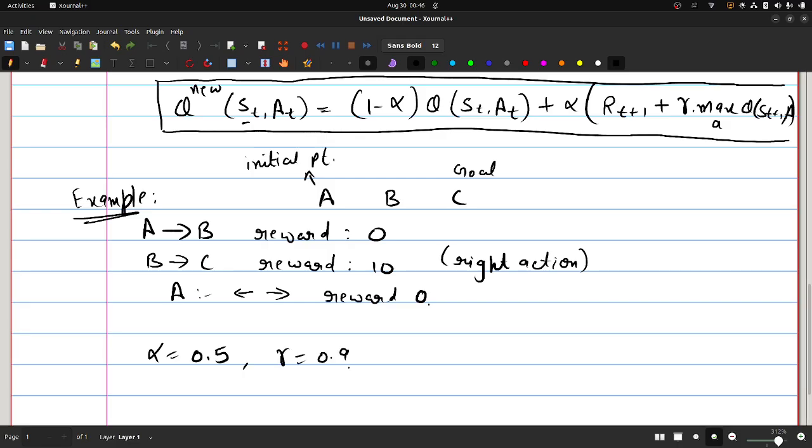Usually gamma is between 0 and 1. If it is equal to 1, we give equal weightage to all of the future rewards. If it is less than 1, we give more weightage to the nearest rewards. So these parameters we are defining; you can take other values as well.